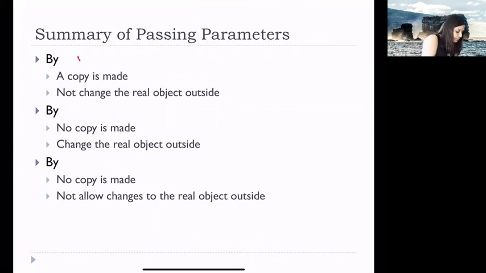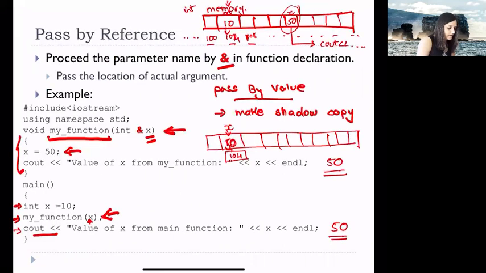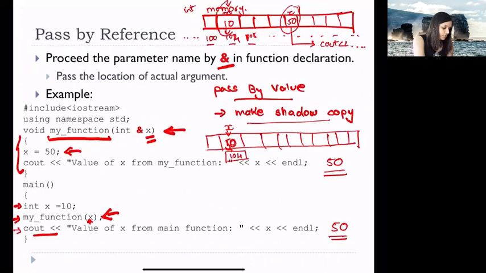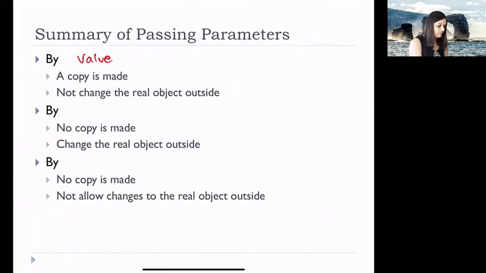That is when we pass by value. When we saw the example of passing by value, we made a shadow copy, and the value of the real object stored in main was not changed. Whatever was changed was the shadow copy that we made within that function.